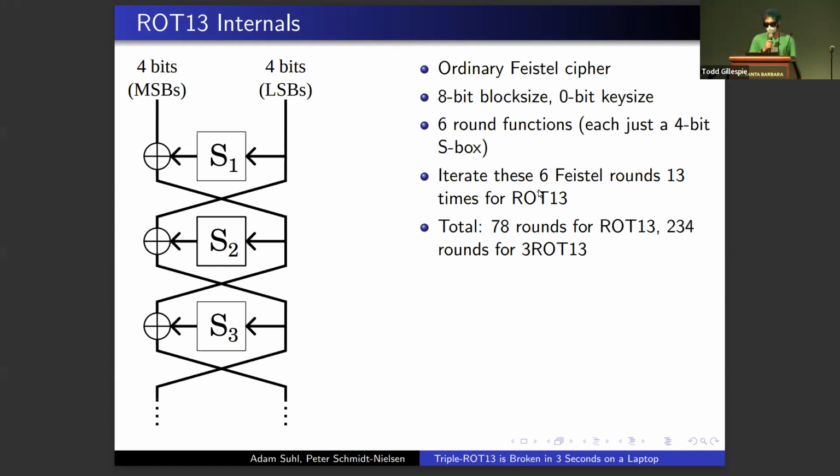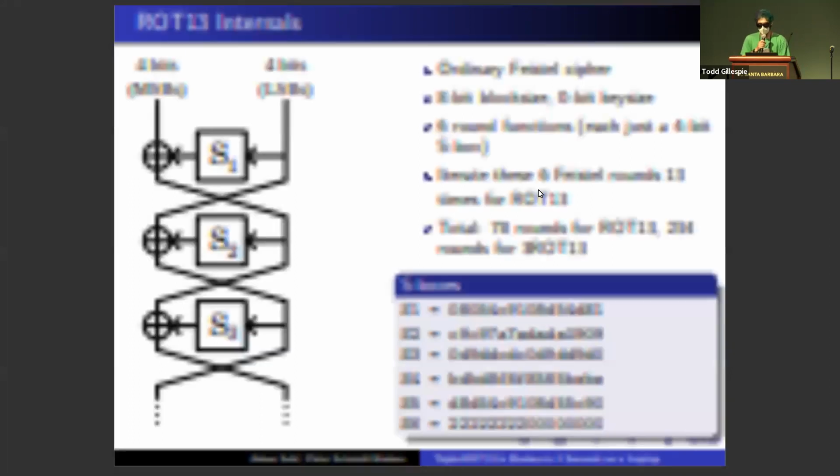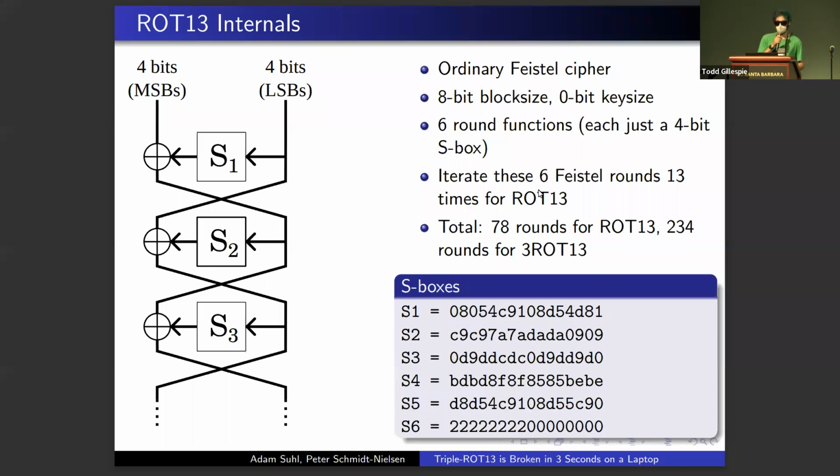We were actually able to, with the help of a SAT solver, reverse engineer the S-boxes in ROT13. And I will say this took significantly more than 6 seconds on a laptop. It is surprising that this is possible, given that the number of permutations of 8 bits, or 7, because ROT13 is not actually specified on non-ASCII characters, is far larger than what you can do with 6 4-bit block ciphers.